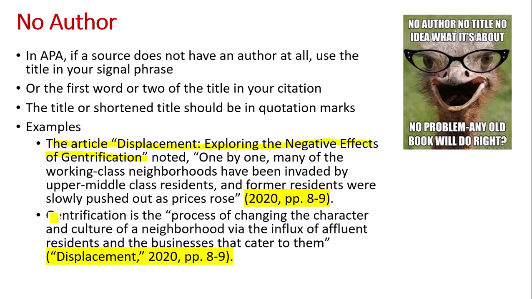I just have this definition. Gentrification is, quote, the process of changing the character and culture, etc. So here, I've just used the first word of this title, displacement, 2020, pages 8 to 9. So again, though, it's essentially set up the same way. You're using the title or shortened version of the title instead of the author's last name. So title, year, pages.